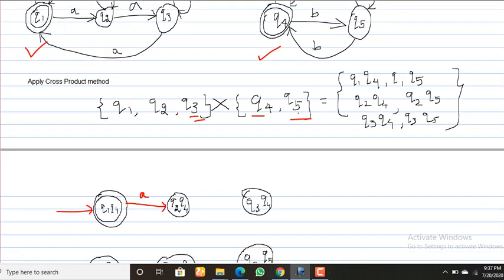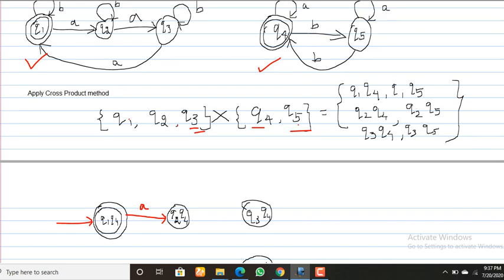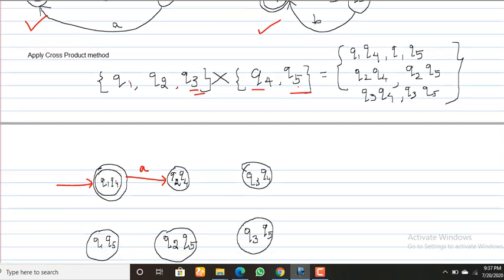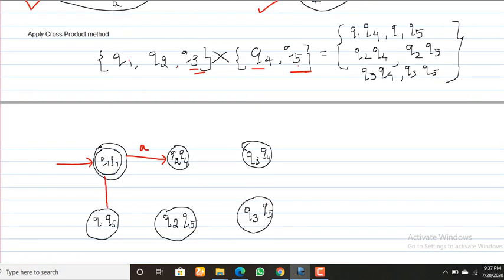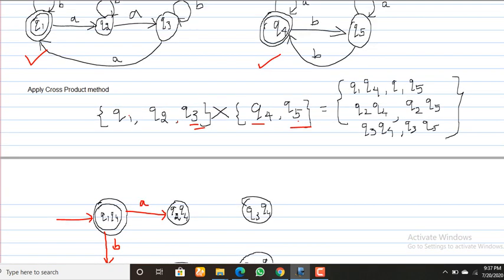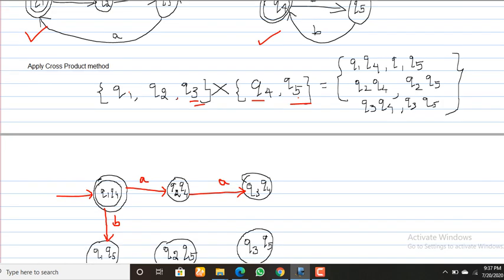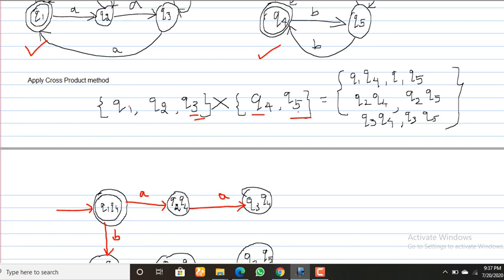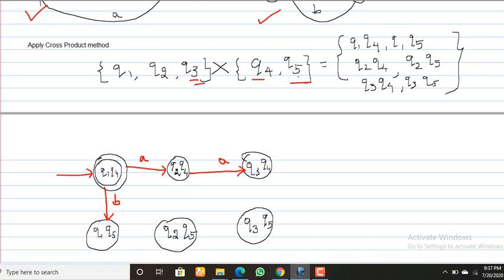Next, Q1 on receiving B moves to Q1, and Q4 on receiving B moves to Q5, giving Q1Q5 on B. Next, Q2 on receiving A moves to Q3, and Q4 on A stays at Q4. Then Q2 on receiving B stays at Q2, and Q4 on B moves to Q5, giving Q2Q5 on B.